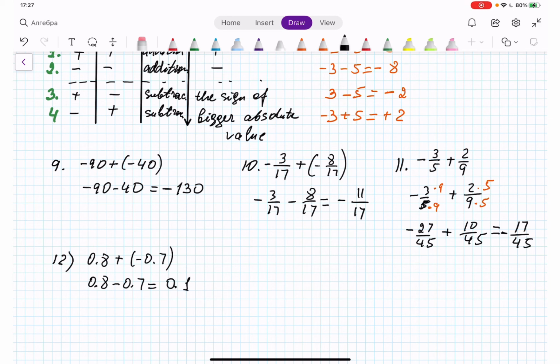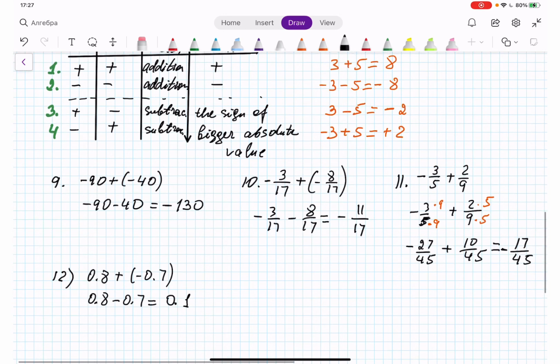And if we follow the rules, it's going to be case number 3. Positive, negative, we subtract. We got 0.1, and we use the sign of the bigger number, and the bigger number is 0.8, right? So it's positive, therefore 0.1 is positive.